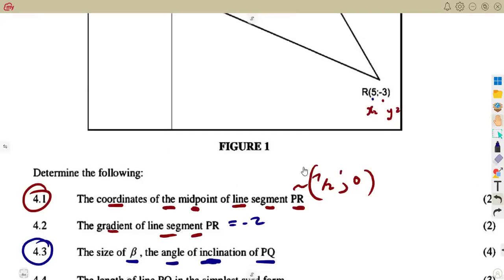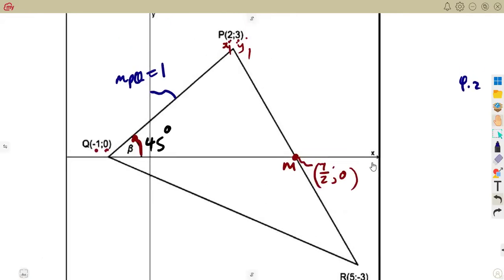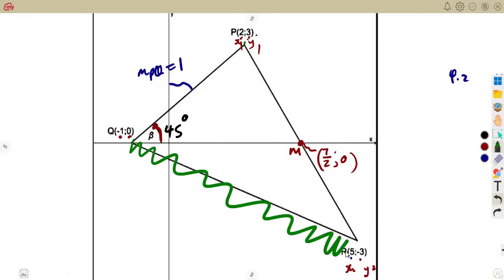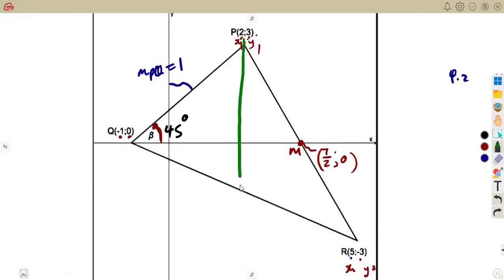It is going to pass through this point P, but perpendicular to QR, meaning that as the line is being drawn, as it meets this line, it will meet at 90 degrees. It will be perpendicular.